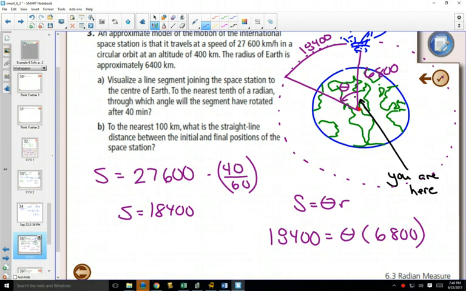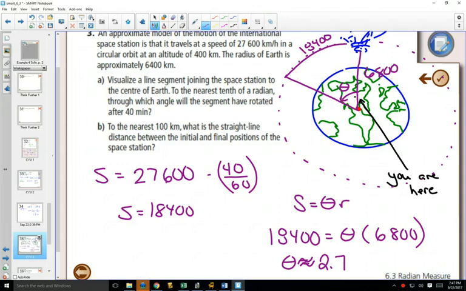So when we figure this out by dividing both sides by 6,800, we get 2.7 to the nearest tenth. Again, change your equal signs into approximation signs. So our angle is approximately 2.7 radians.